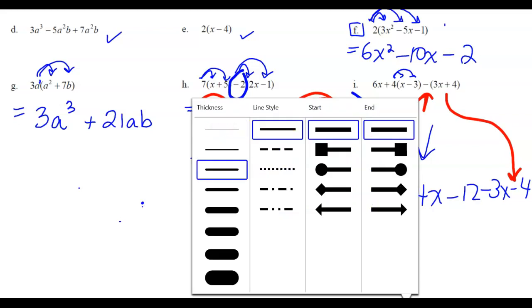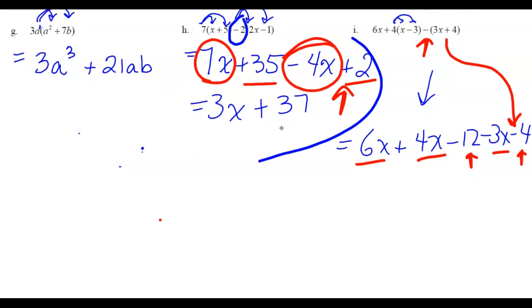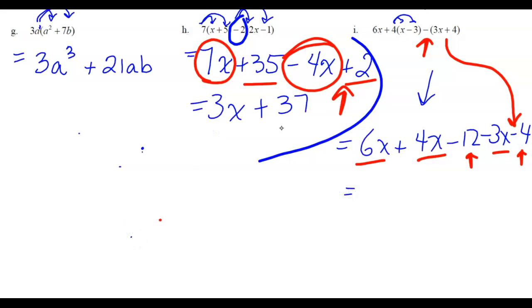Oh, let me do red here. So now my like terms, x term, x term, x term, constant term, constant term. So 6 plus 4 is 10, minus 3 is 7x. -12 minus 4 is -16, so subtract 16.